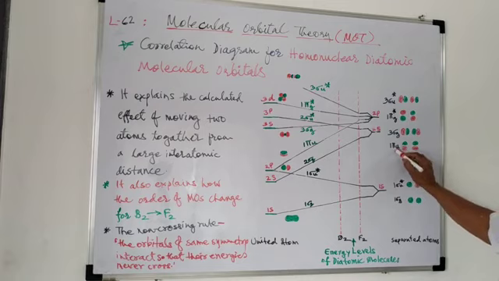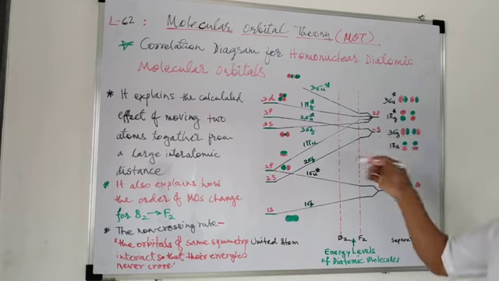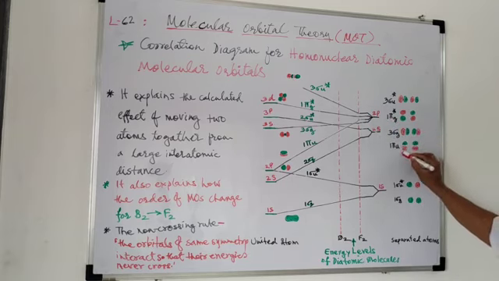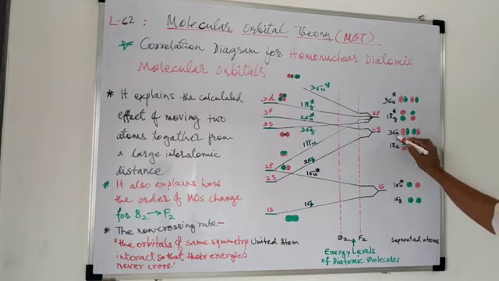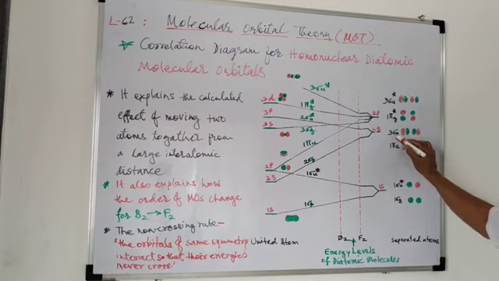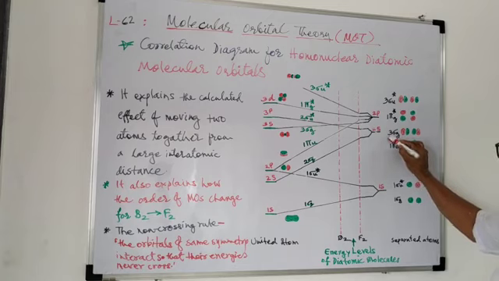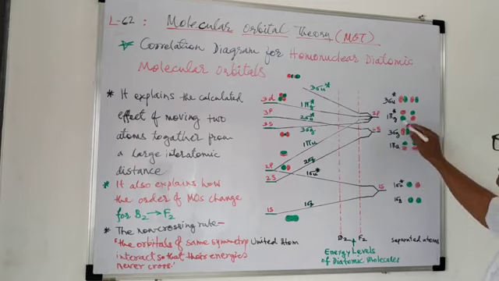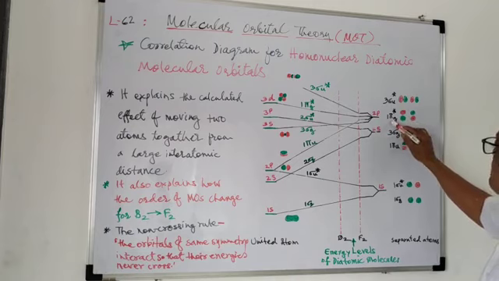Similarly, consider the molecular orbitals of pi nature, which are present in the p subshell. These are px and py, and these are pz orbitals, which have sigma symmetry. The px and py have pi symmetry. They will produce bonding molecular orbitals of pi nature and antibonding molecular orbitals of pi nature.